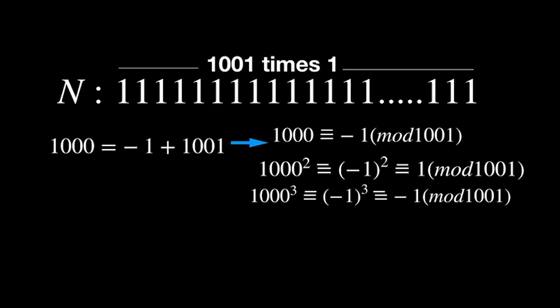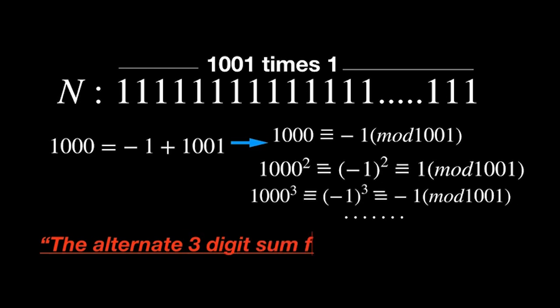And in this way, if the number can be written as a summation of various powers of 1000 multiplied with 3-digit blocks from the right side, then we can easily compute the sum of its remainder values.